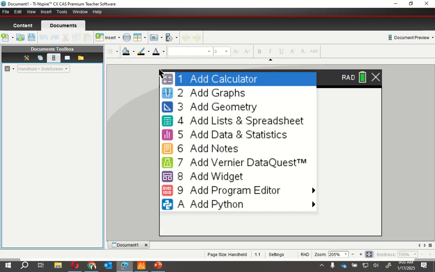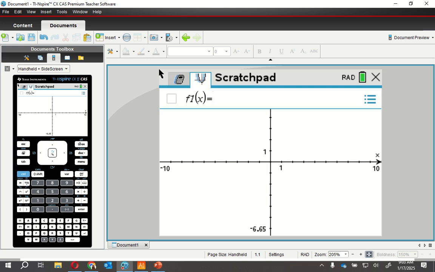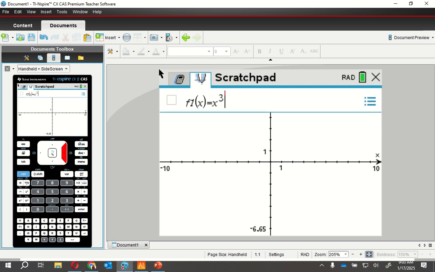Okay, so let's go to the graph right here, and that was x cubed, right? Minus 6x squared plus 9x plus 2.